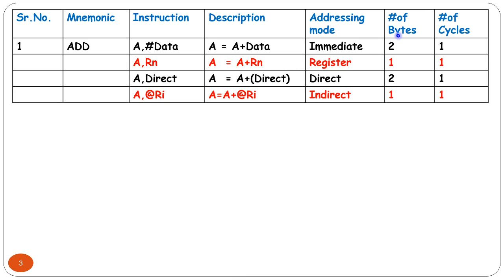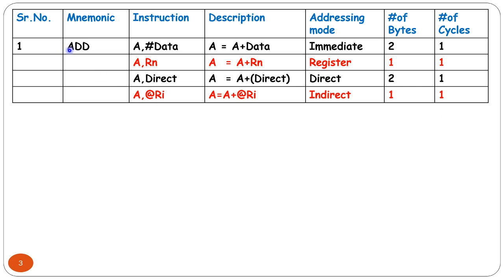This column indicates the number of memory locations required to store that instruction in program memory, and this column gives the number of machine cycles required for that particular instruction.